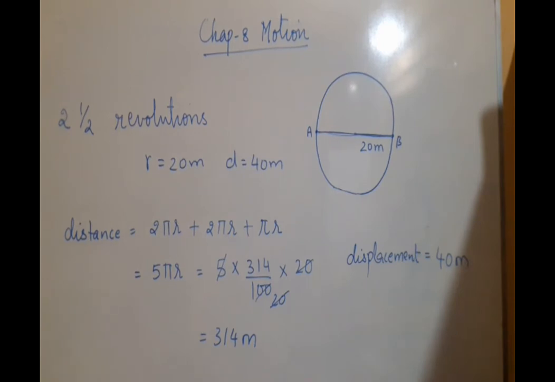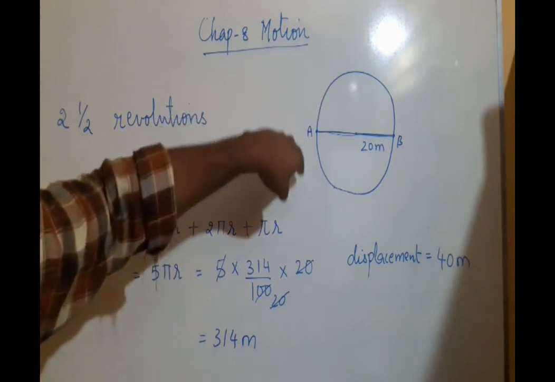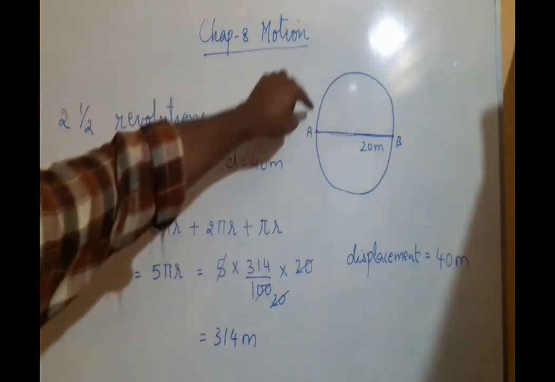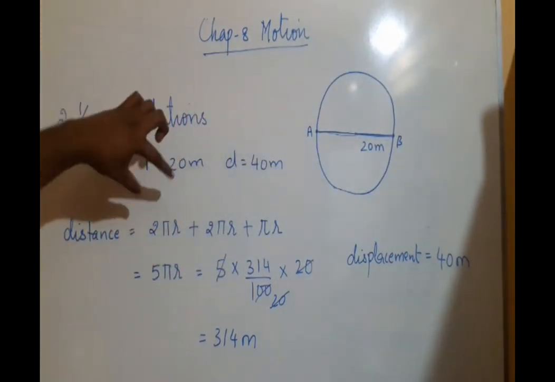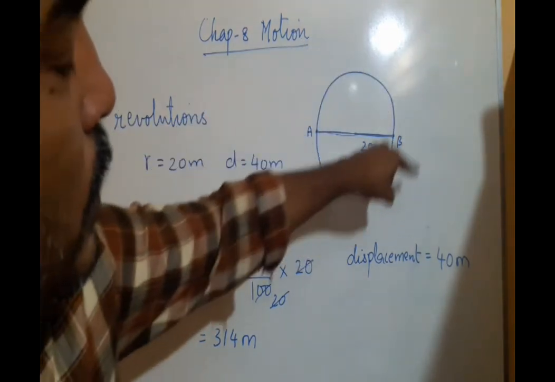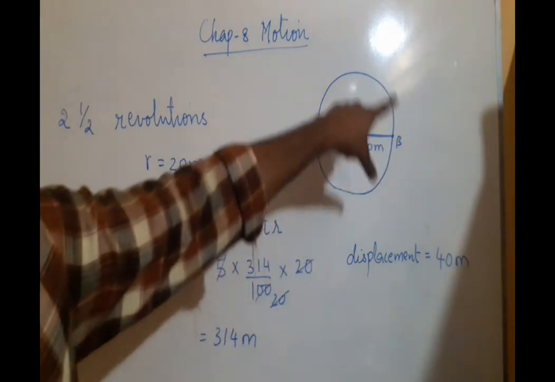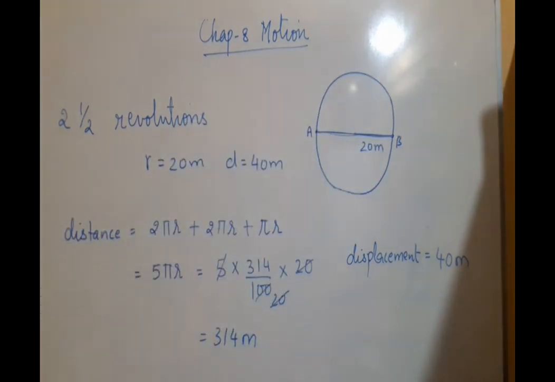Now let us say the person started from A and ran 3 rounds. Now if he runs 3 rounds, he comes back to A. So the distance he traveled will be 2 pi r plus 2 pi r plus 2 pi r, which is 6 pi r. You can calculate, but his displacement this time will be 0.